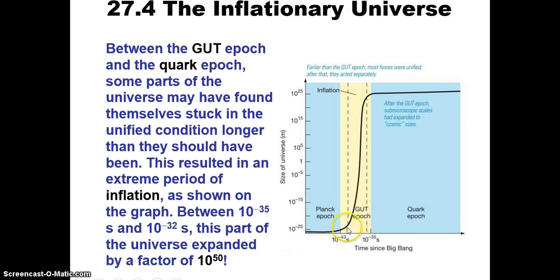So this is a very short period, as it says here, from 10 to the minus 43rd to 10 to the minus 35th seconds. This is the time where the universe undergoes this non-linear inflationary period. It's what's considered a quantum fluctuation.